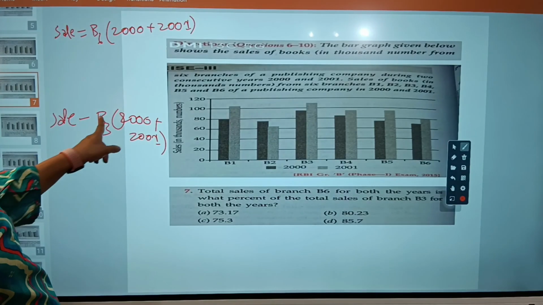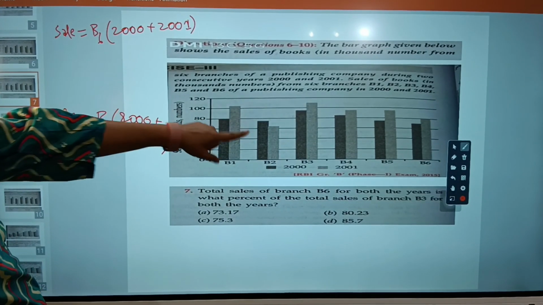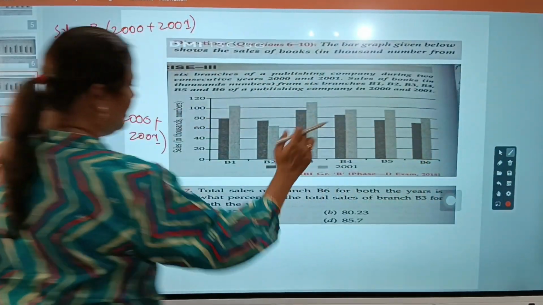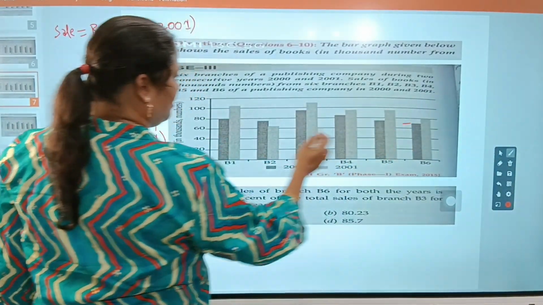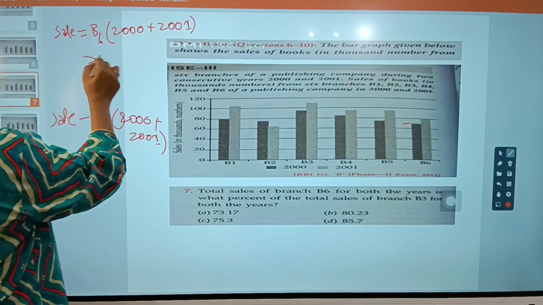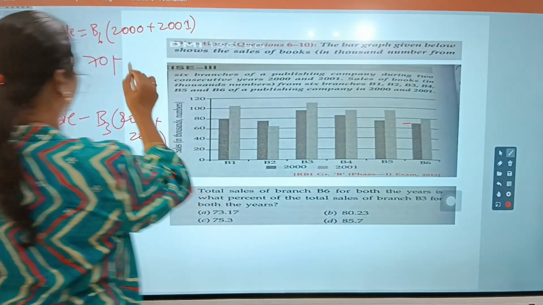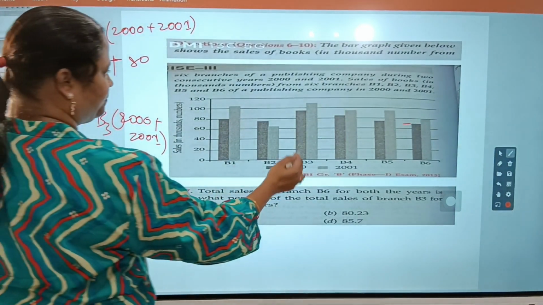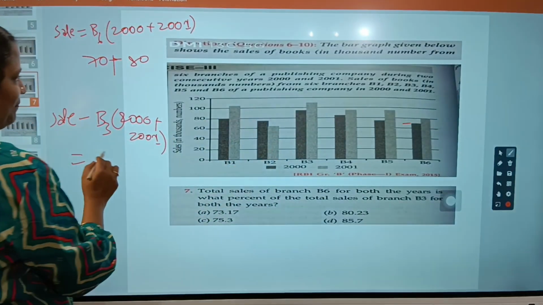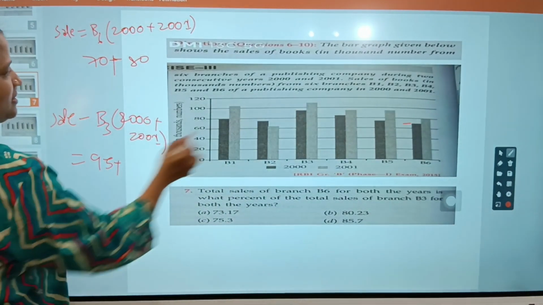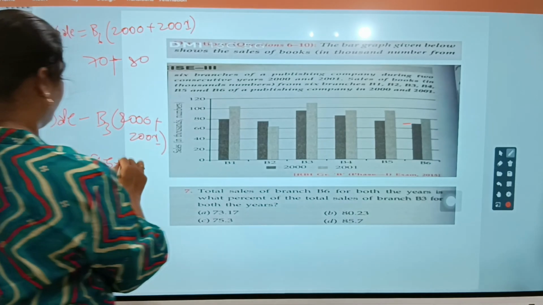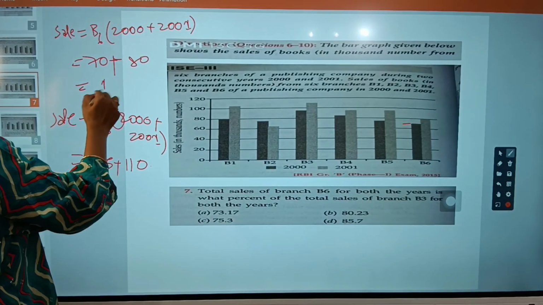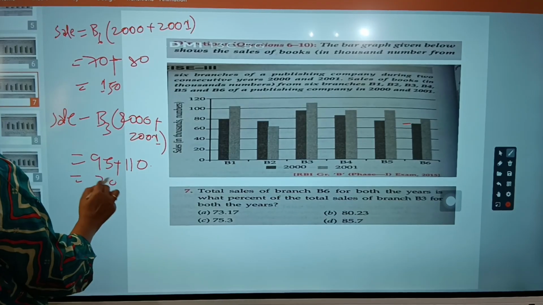What is the sale of B6 for 2000 and 2001? In this graph you can see, 70 plus 80. B3 it is 95 plus 110. So now, this is 150 and this is 205.